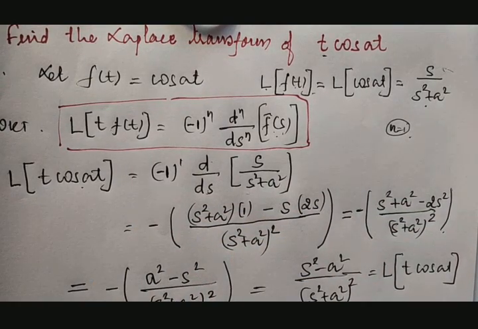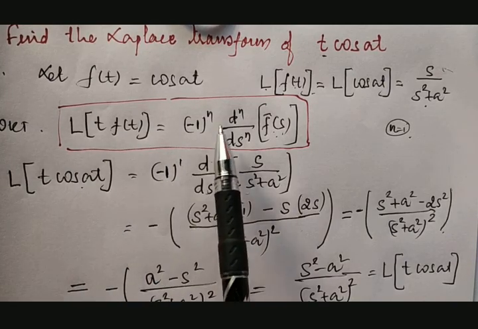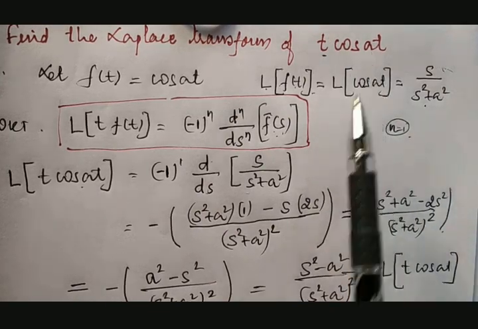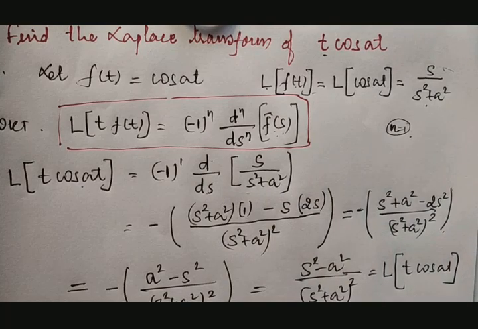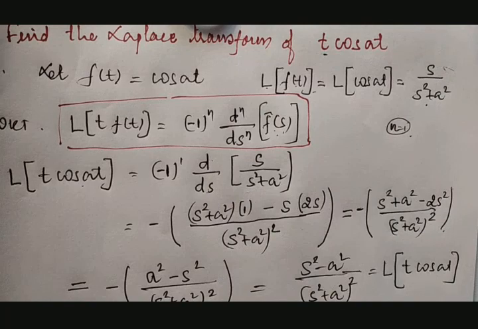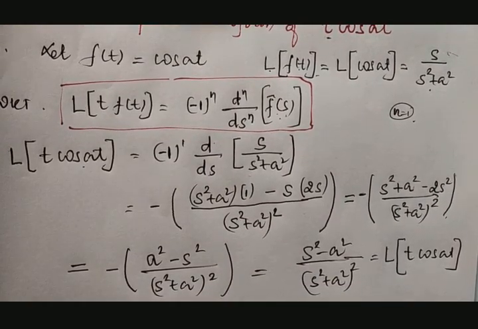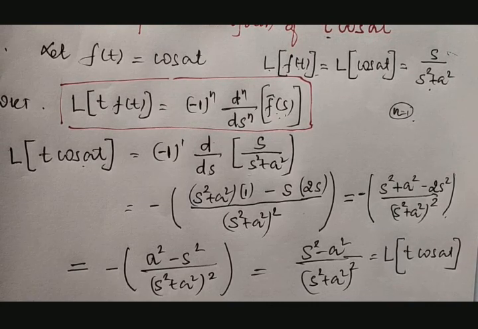Then we substituted all the values in this derivative property, like t into f of t, that is cos at, which is equal to minus 1 raised to 1 because n is equal to 1 as per the given example. Then d by ds of whatever f bar of s we got, differentiated with respect to s. Then after differentiating with respect to s, whatever result we got is the solution for the given example, which is nothing but the Laplace transform for the given example.